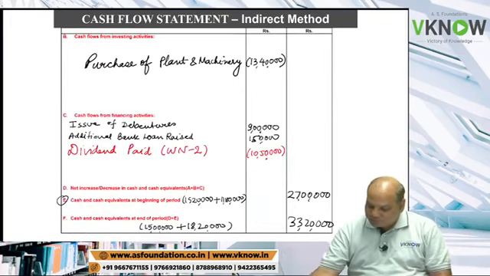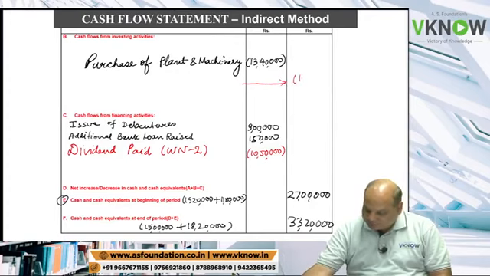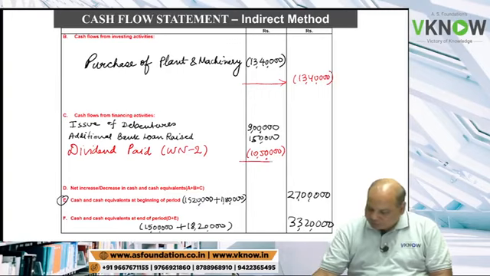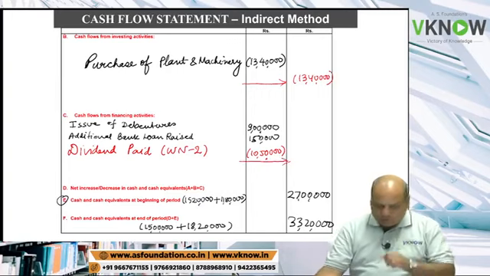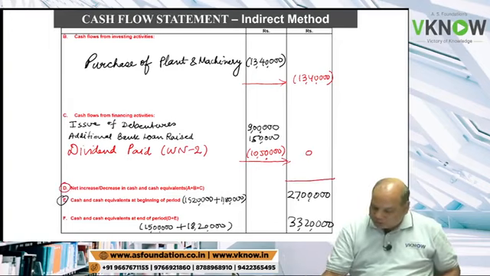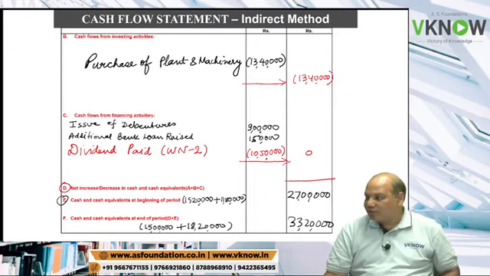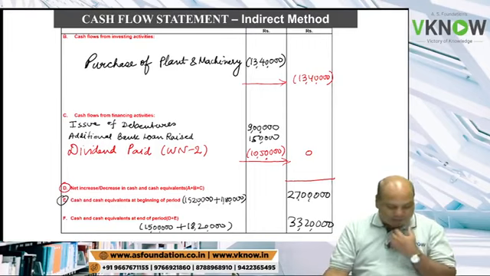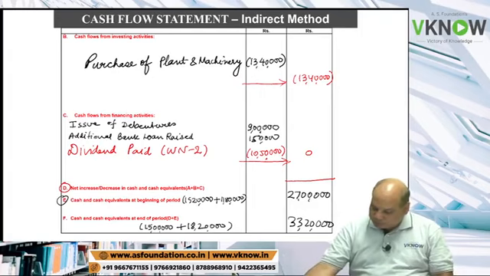Now come to investment activity: 13 lakh 40,000. Come to financing activity, which seems to be 0. Therefore, point number D, net increase or decrease in cash and cash equivalent. Check the answer.